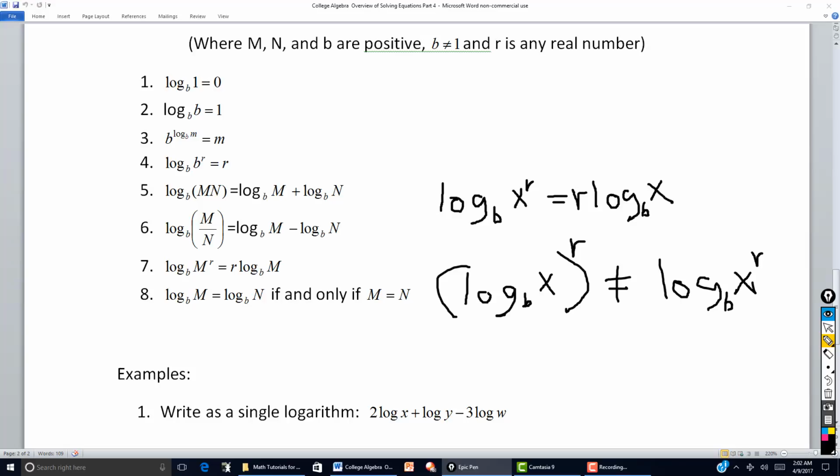They're different. This one here with the parentheses, you're computing the log of some number x to base b, and then you're taking that number to the r power, whatever that turns out to be. On the right side, you're computing this out first. You're taking x to the r power, and then you're computing the log of that to base b. And in general, these are not going to be the same number. So keep that in mind. These are different here.